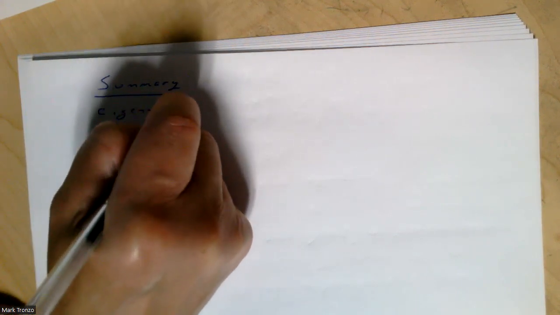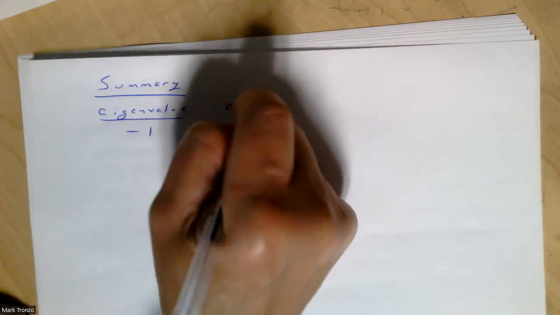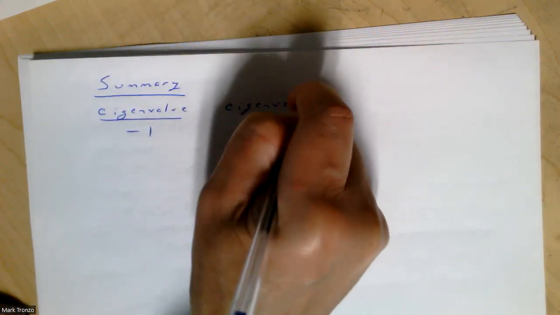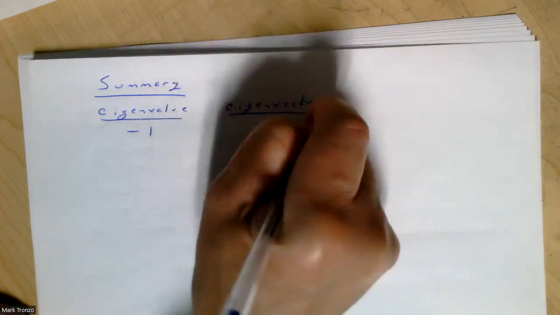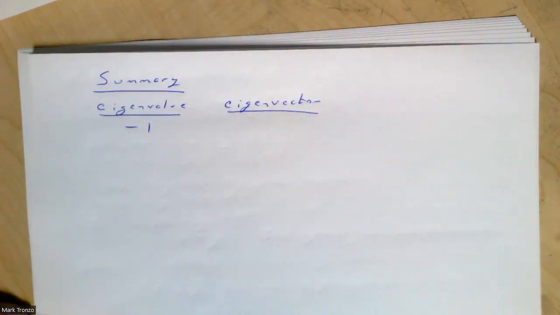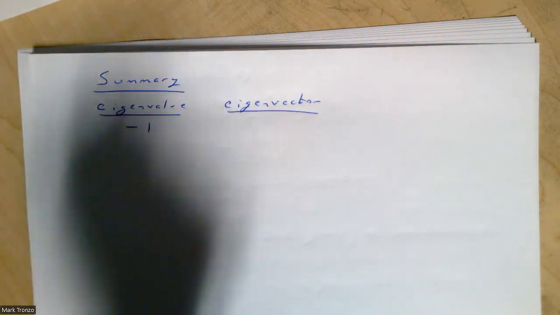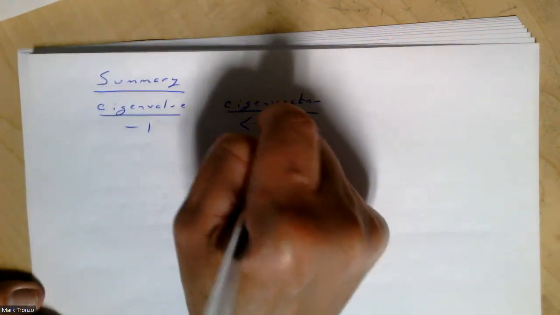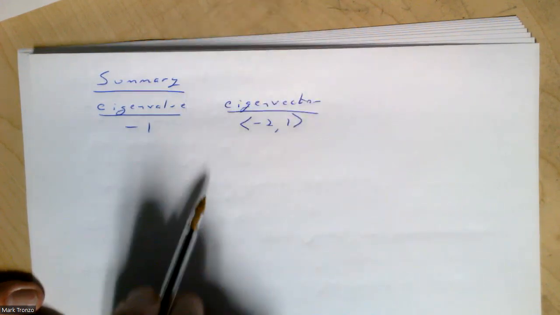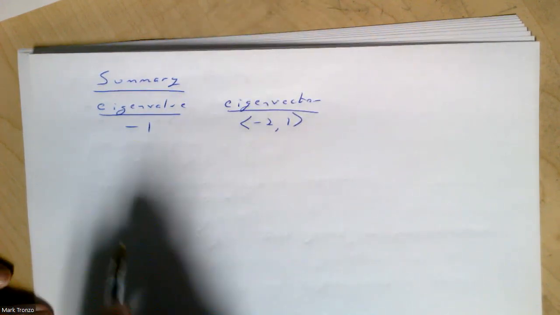Eigenvalue minus 1 was associated with the eigenvector minus 2, 1, or you could use any scalar multiple of this.